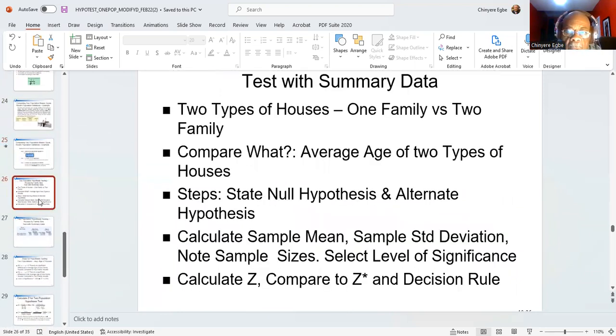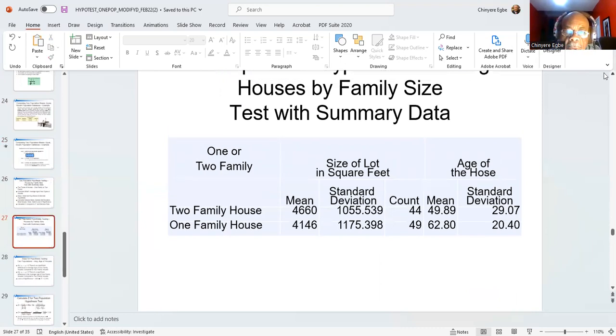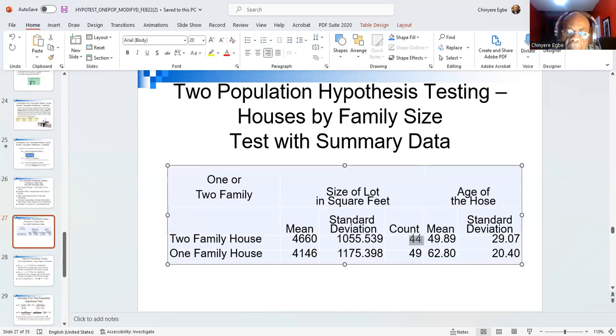All right. So let's go to our hypothesis test for the two different populations. This is two sample hypothesis testing of houses by family size, and here's a summary. You take a sample of houses: 44 two-family houses and 49 one-family houses.